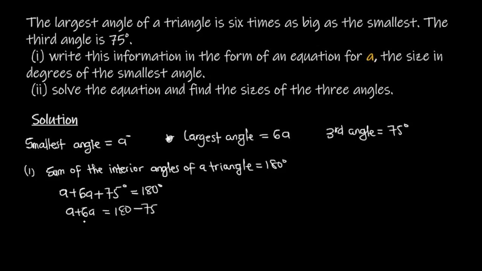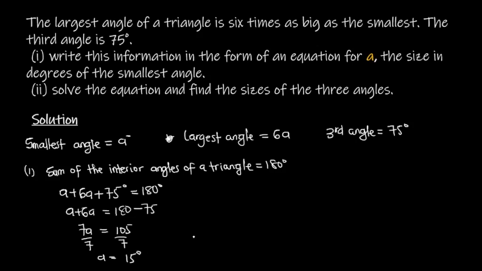So A plus 6A will give me 7A. This is equal to 180 minus 75, which is going to give me 105. So I divide both sides by 7. My A is now equal to 105 divided by 7, which will give me an angle of 15 degrees.